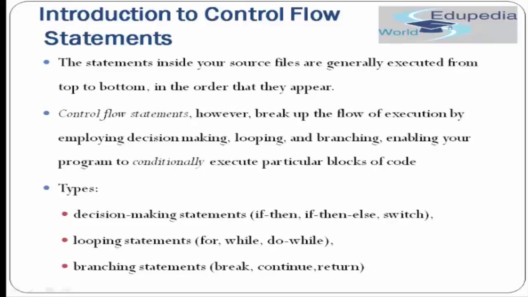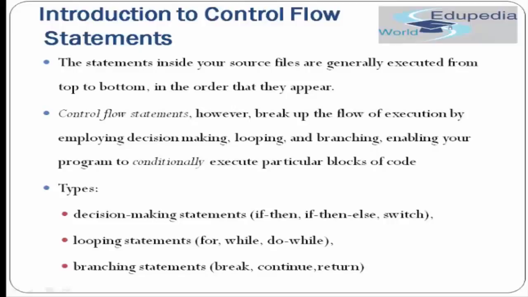Through decision-making statements, looping statements, branching, or by conditionally executing some part of your code. We'll see how control flow statements do that later on. For now, just understand that all these statements are called control flow statements because they break up the flow of execution and determine the new flow. Basically, it controls your flow of execution.